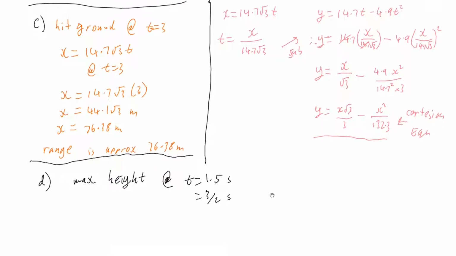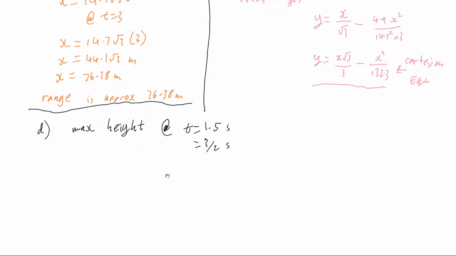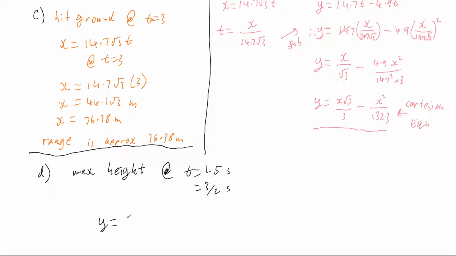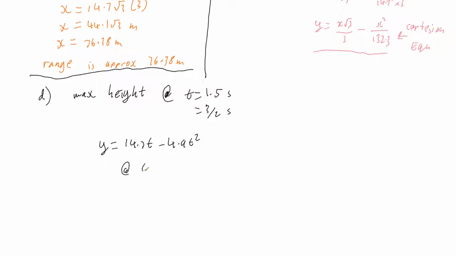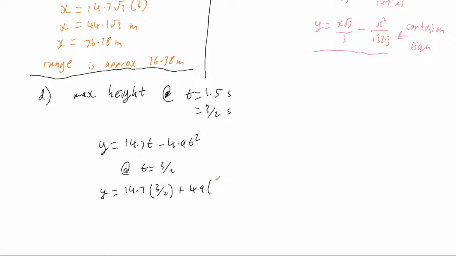And so if we go back to our height equation, we know that our height, y equals 14.7t take 4.9t squared. And so now we've just got to sub in t equals 1.5. So we've got y equals 14.7 times 3 over 2 minus 4.9 times 3 over 2 squared.